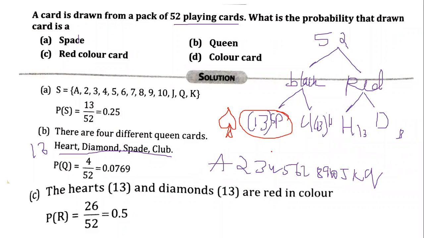Now before finding out the possibility of getting a spade, we have to define the sample space. What is the sample space? The sample space for a spade will differ because this card has so many varieties.